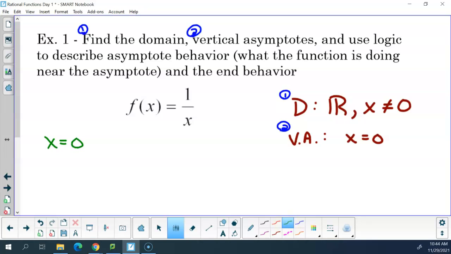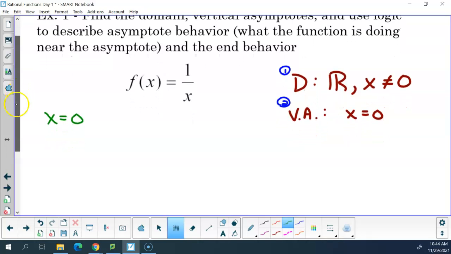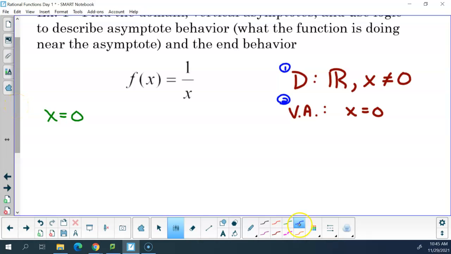Okay? Love it. Okay? Now we got to use logic. Let's scroll down. Asymptote behavior. So I've got this asymptote right there at x equals 0. Agree? So as I come in to this side, my function's getting closer and closer and closer from the left.